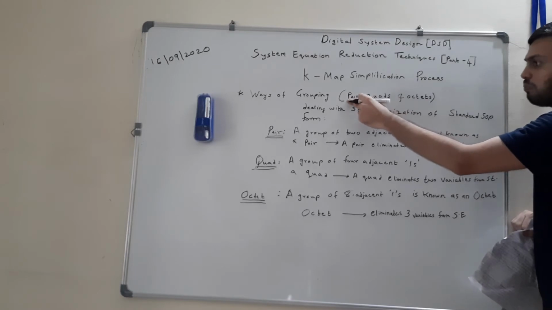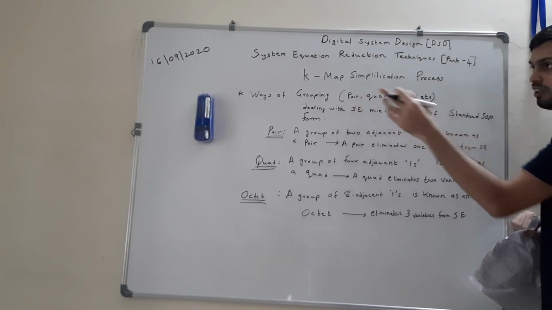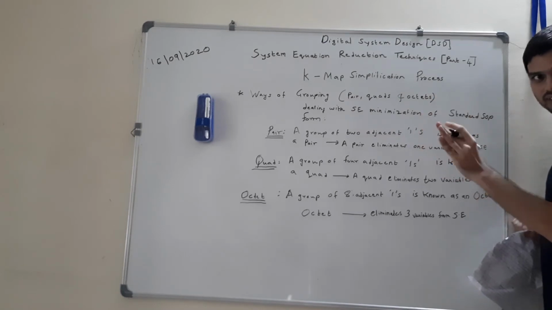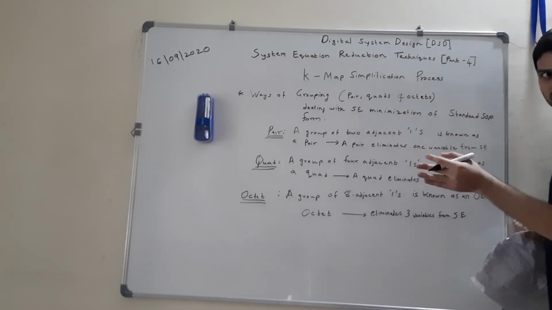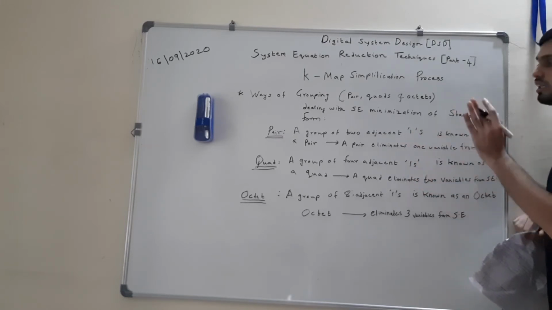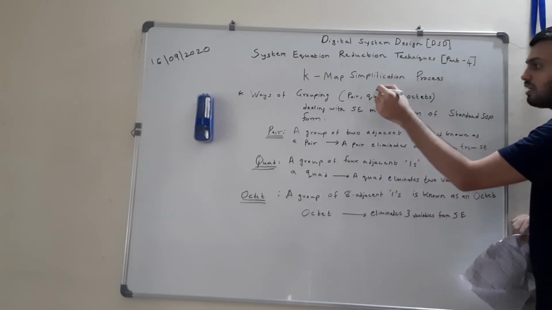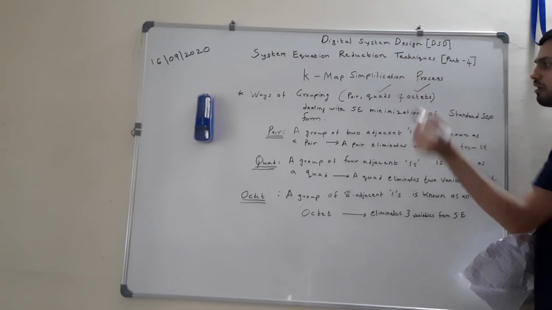That is, we can group adjacent ones. What do I mean by adjacent ones? If 2 ones are present in adjacent cells in a K-map, then they are said to be adjacent ones. Ones which are present in adjacent cells, only those we can group in the form of a pair, in the form of a quad, or in the form of an octet.